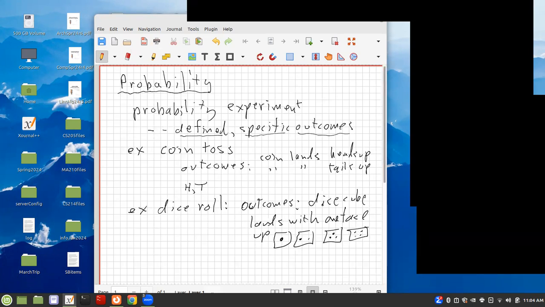So if it's a cube with 6 faces, we usually choose names for the outcomes. So the names here could be just 1, 2, 3, 4, 5, and 6.